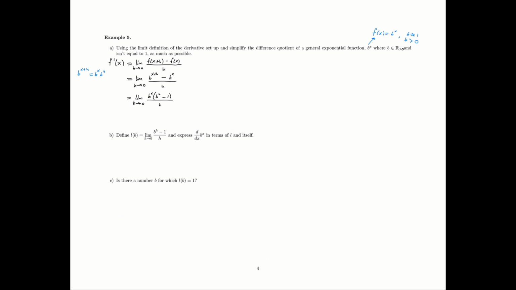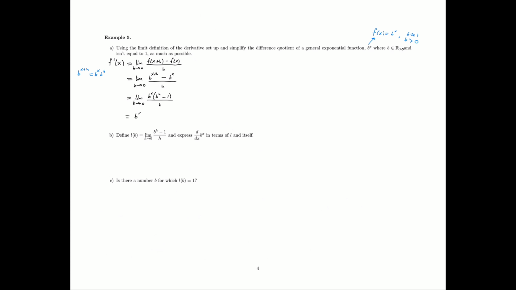So this limit is only controlling the value of h. This limit can't do anything to this value b. So in the eyes of the limit, this b to the x is constant, because this is only changing the value of h. It's not affecting b, and it's not affecting x. So I can just pull this whole b to the x outside the limit.